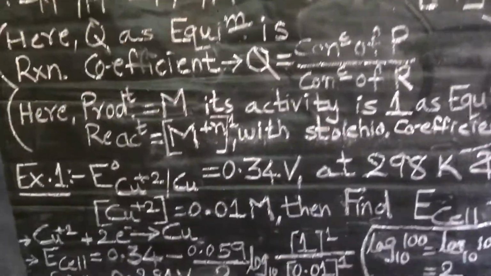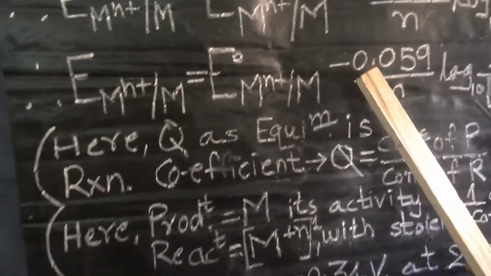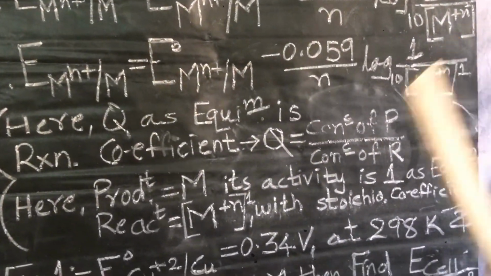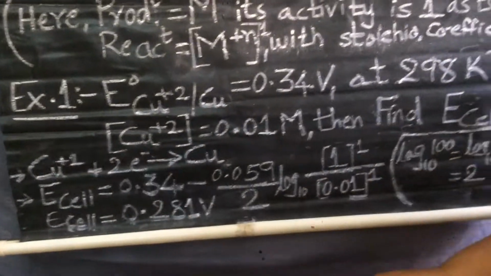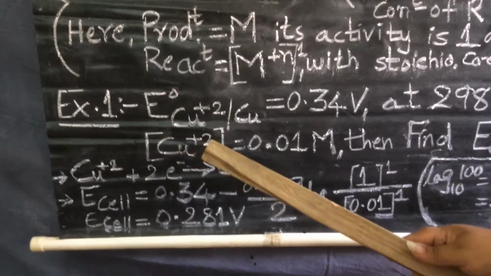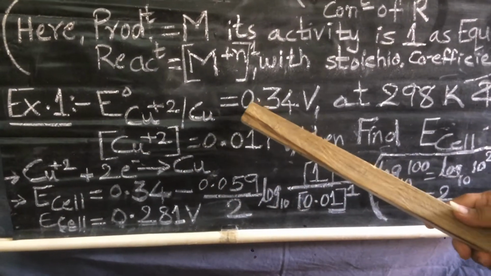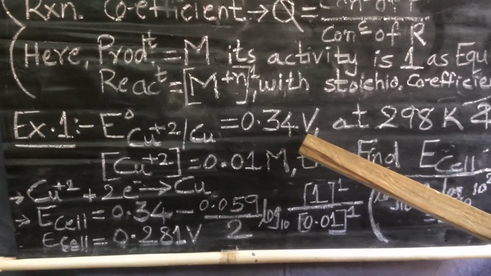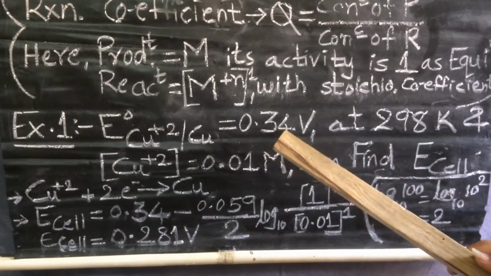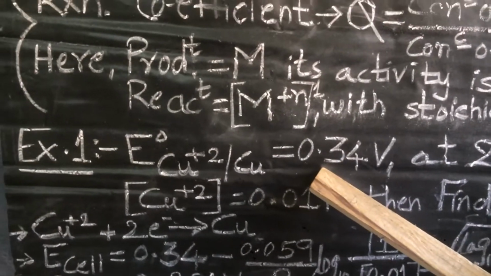Let me explain one example so you will easily understand the value of all this in the Nernst equation. Example 1. Here, the standard value for copper is given, 0.34 volt. Standard E degree is given. It means this value is already given in the ECS table.